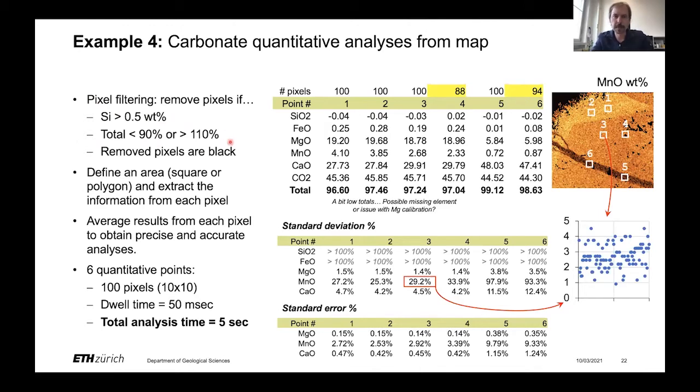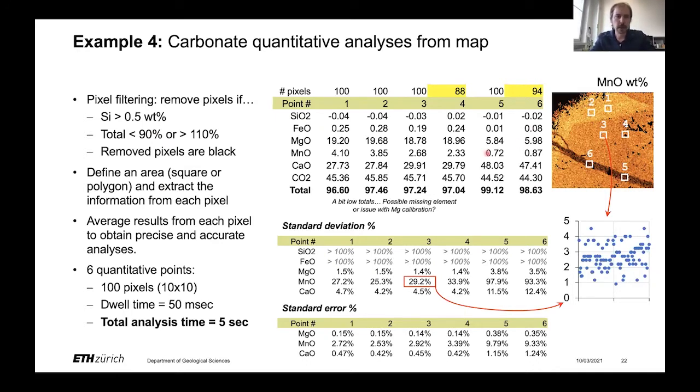The too-high totals might correspond, for instance, to the silicates, where we actually force the calculation of CO2, and of course there is no CO2 in these pixels. So the totals will be high, but we ignore them. The low totals can correspond to bad analyses. Maybe there was a crack, or we are at the rim of a grain or something like this.